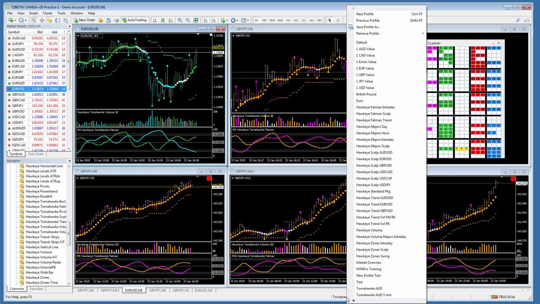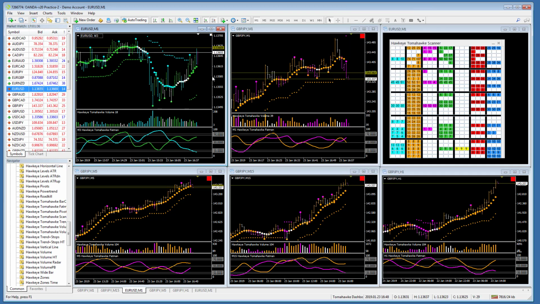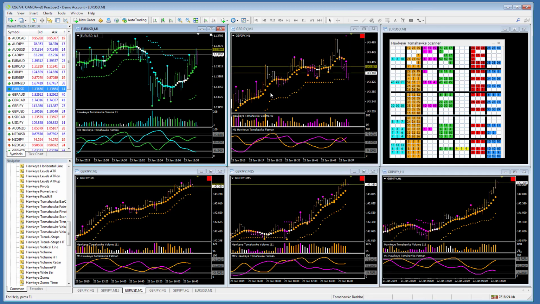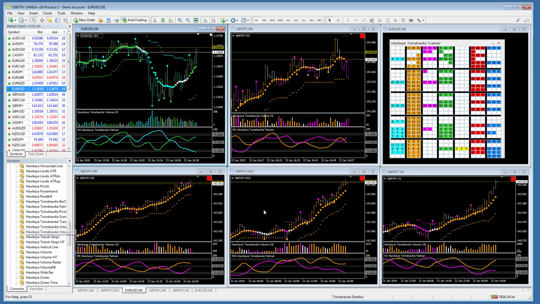But if you wanted to load a Hawkeye indicator on top of this, a standard one, you could. Yes, you could. Say, for example, the heat map. If I wanted to load the Hawkeye heat map, the regular heat map, on here, then I would go over here and find my heat map.